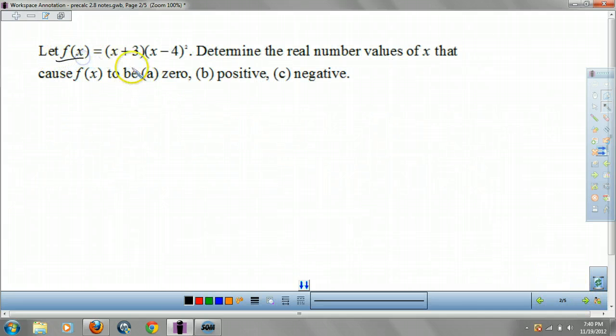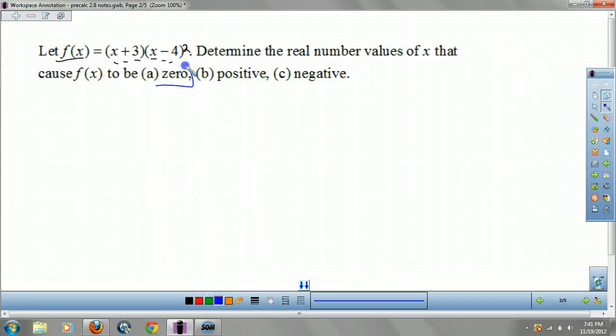Let f of x equal x plus 3 times x minus 4 squared. Determine the real number values of x that cause f of x to be 0, positive, or negative.